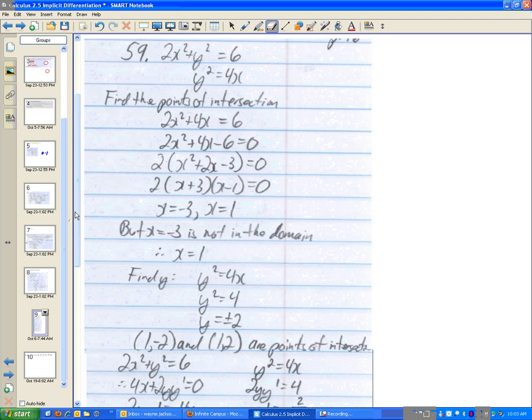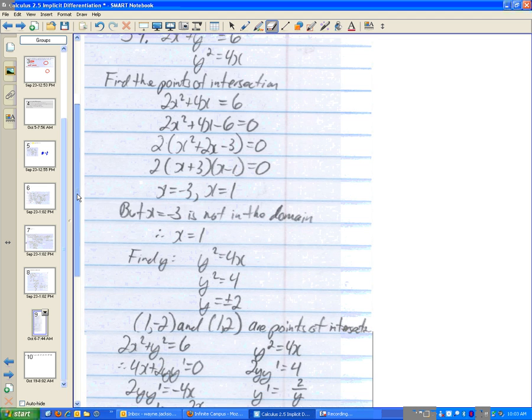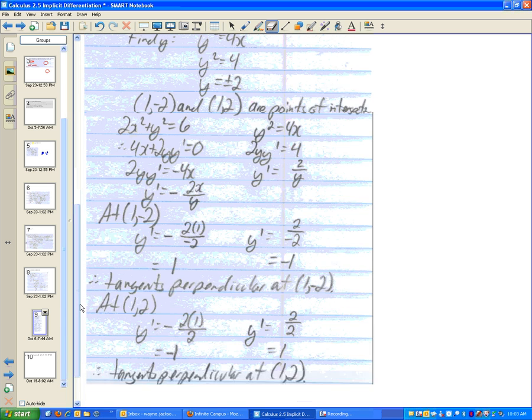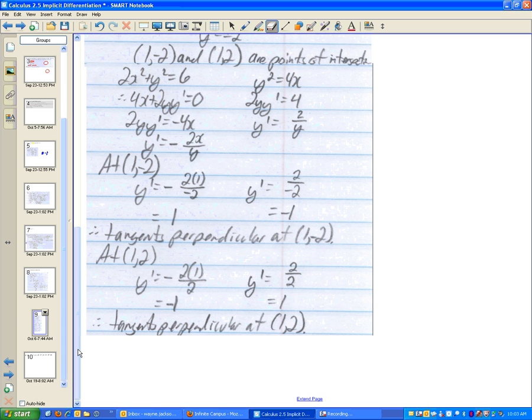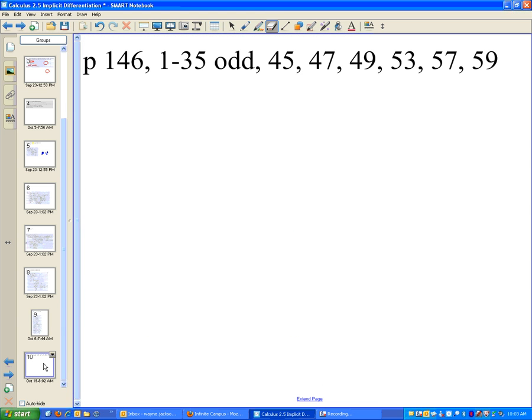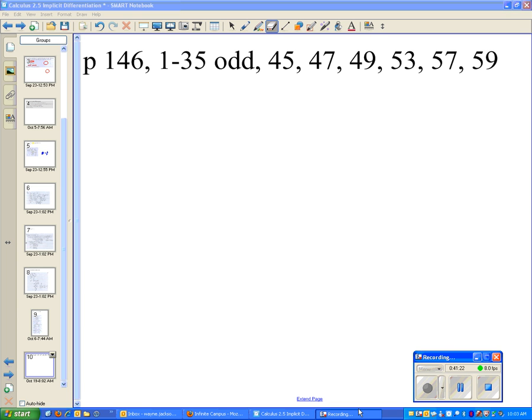I pause for a moment. Then I move it down for you to look at the rest of it. Tangent. Perpendicular. Circle. I give you the assignment.